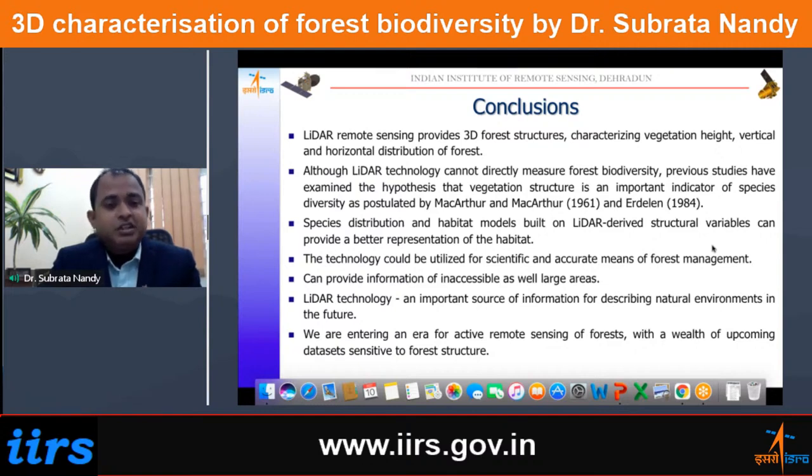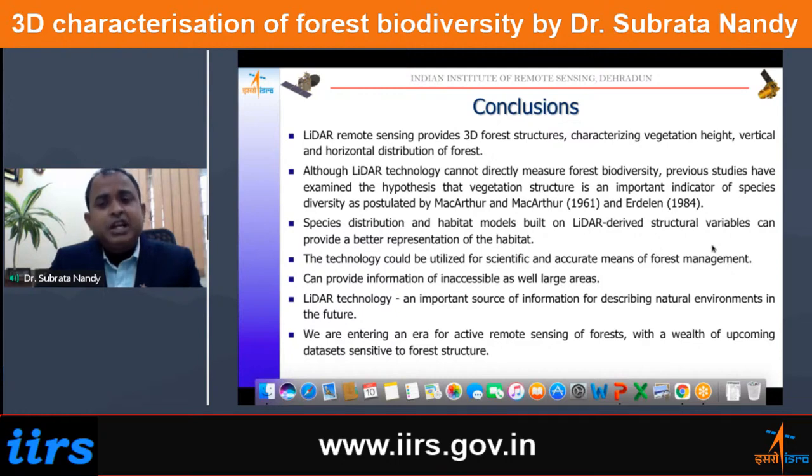Previous studies have examined the hypothesis that vegetation structure is an important indicator of species diversity, as postulated by MacArthur and MacArthur. So once you get an accurate structure of the forest, this could be a very good indicator for species diversity assessment.